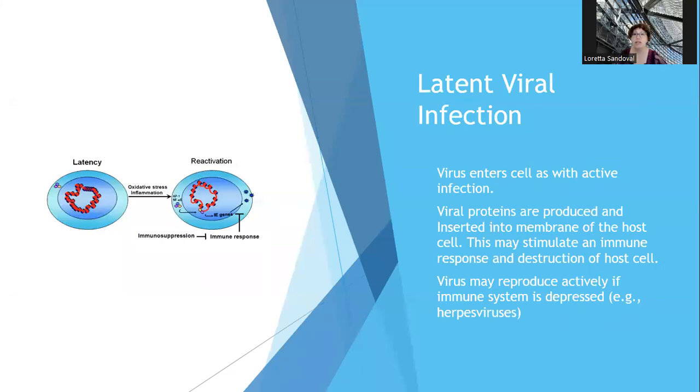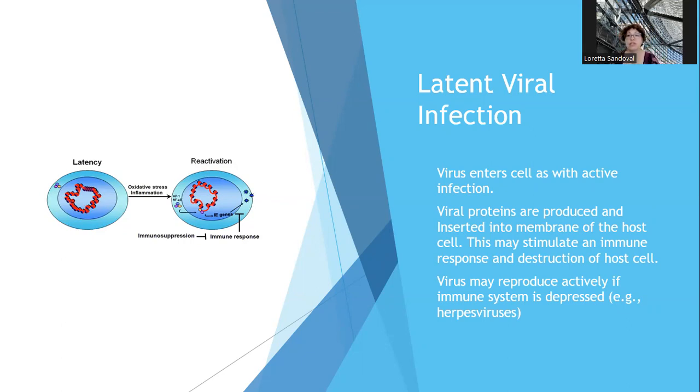When a virus enters a cell, as with active infection, it's producing its viral proteins, and sometimes it inserts its genetic material into the genetic material of the host cell. Sometimes viral proteins are produced and they stimulate an immune response and destruction of the host cell.